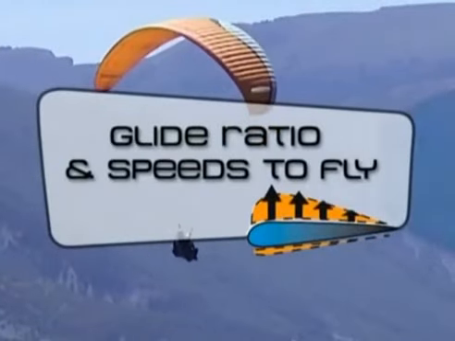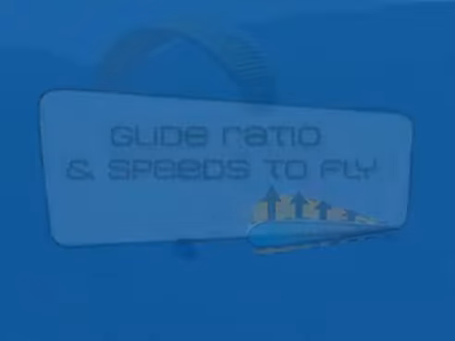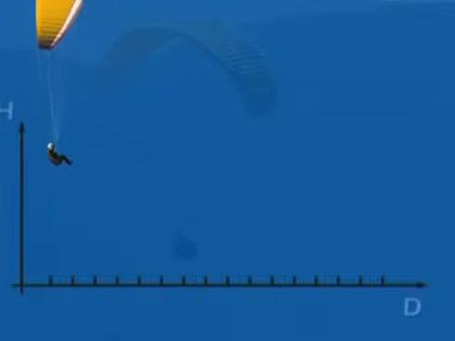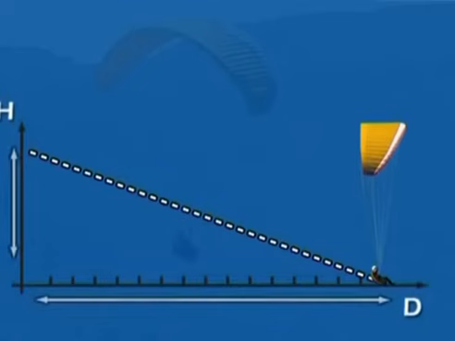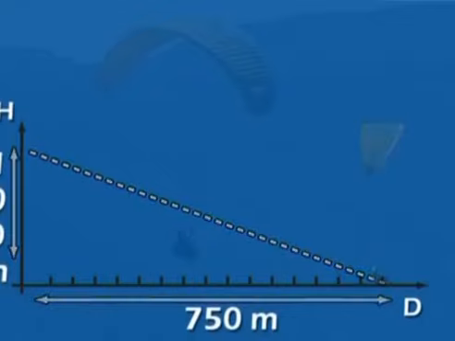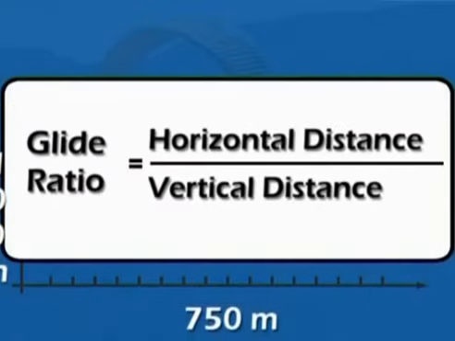They are simply ratios that measure the glide capability of your wing. These ratios are obtained by dividing the horizontal distance covered by the vertical distance lost. In this example, 750 meters divided by 100 meters gives us a ratio of 7.5.